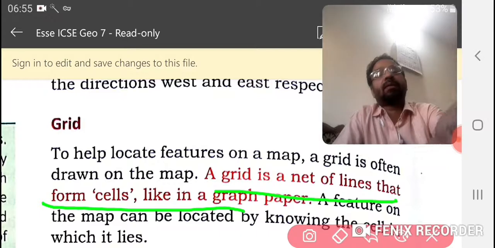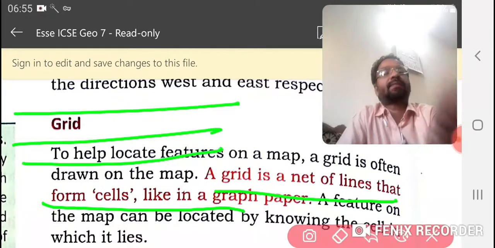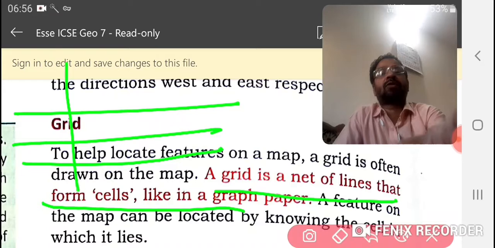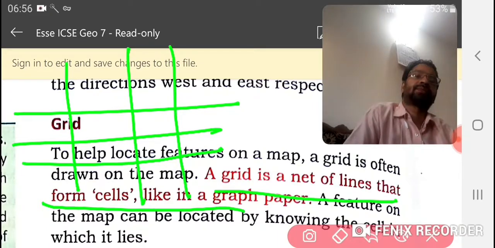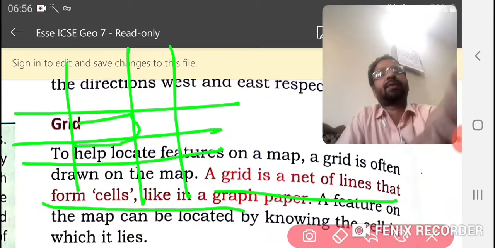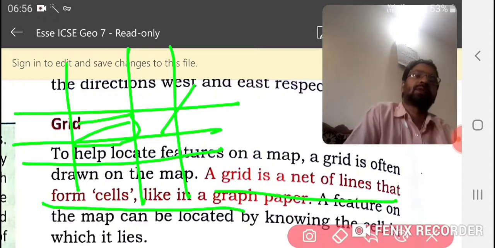Suppose you see one line passes like this, west to east, another line passes from north to south. So, here we can find one square. This square is known as a grid.